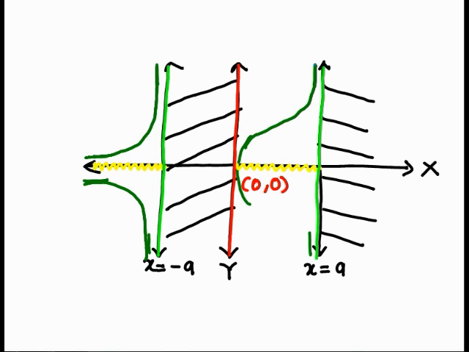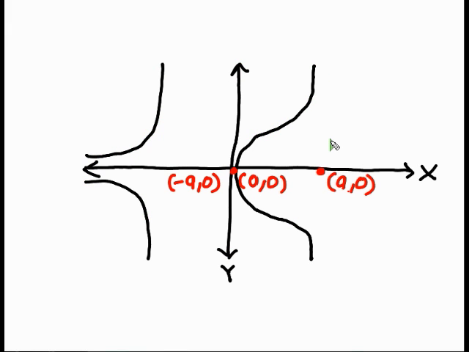And the same to the downward side, as it is symmetric about the x-axis. So this is what we get. So the Cartesian curve looks like this. So this is your final curve.